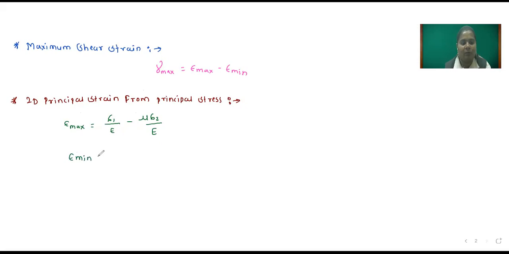And epsilon minimum is equal to sigma 2 upon E minus mu into sigma 1 upon E. We use these two equations if principal stresses, Young's modulus and Poisson's ratio are given, to find the principal strains. This principal strain point is not too important, so we will solve only one numerical on it and then move towards the next point.